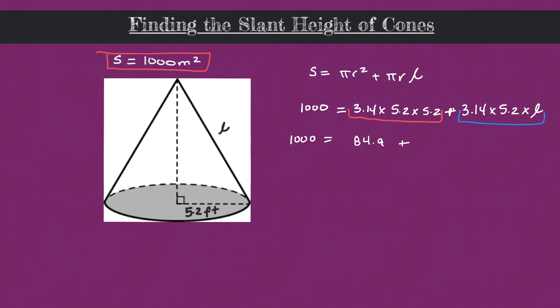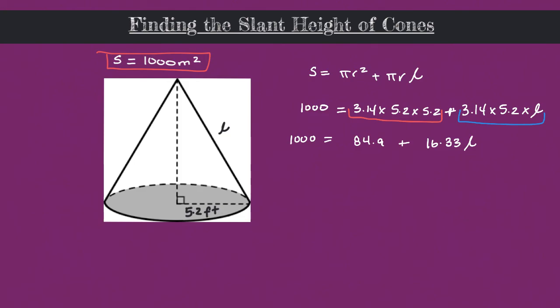And the second part of our equation, 3.14 times 5.2 times L, or the slant height, is going to be 16.33 L. Now that's a little bit easier to deal with because now we can see the values that we have without having to do so many steps in order to solve for L.